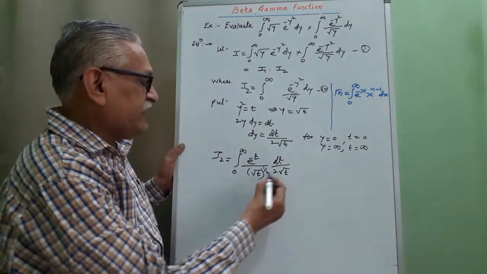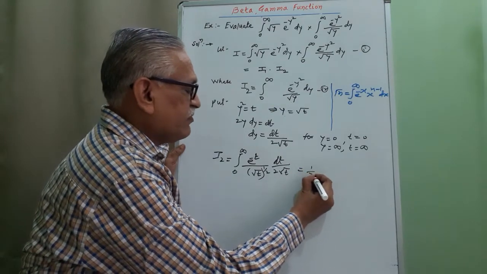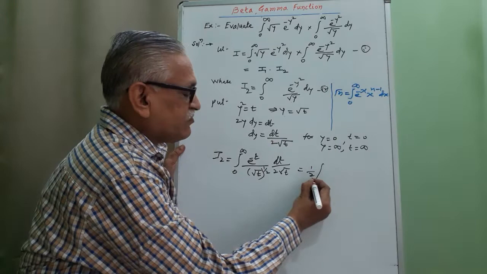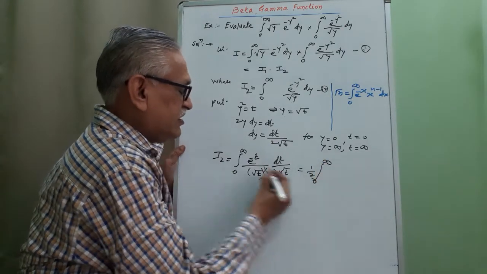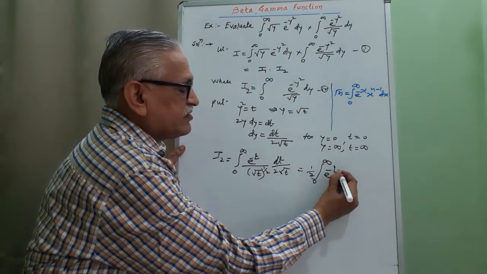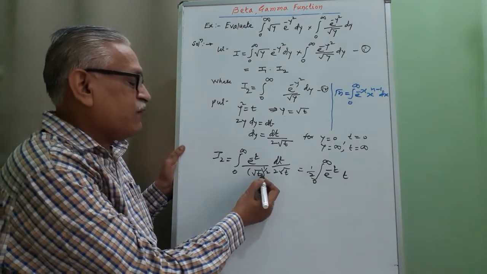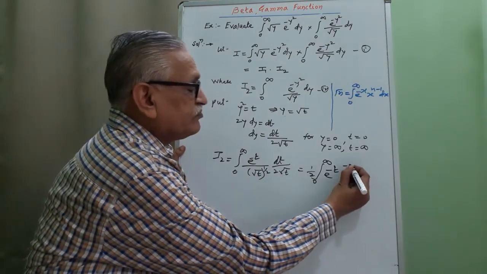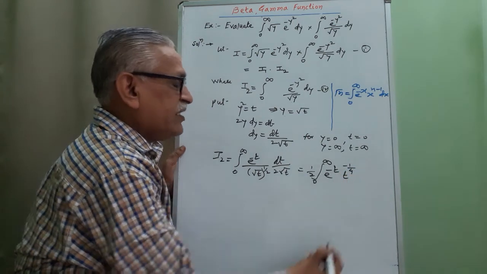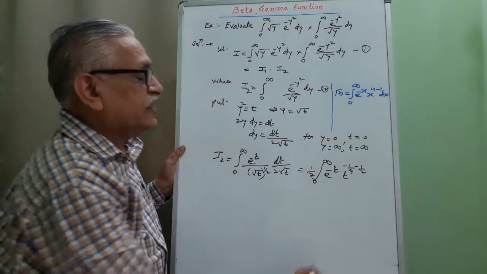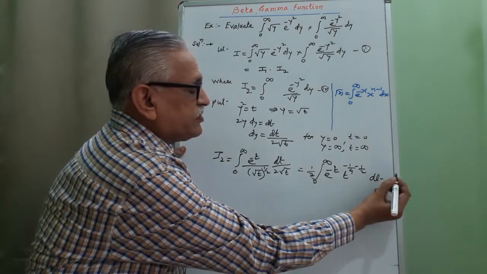Simplifying it, we get 1 by 2 as it is taken outside, integration from 0 to infinity e raised to minus t and t raised to, combining the power, it is 1 by 4 minus 1 by 4 and minus 1 by 2, and its integration with respect to t.